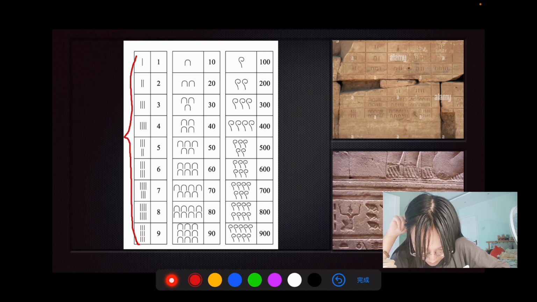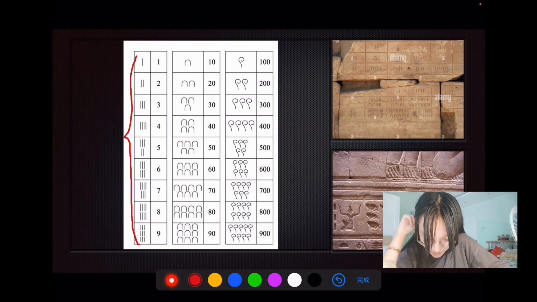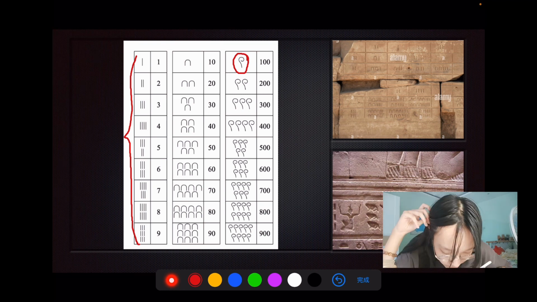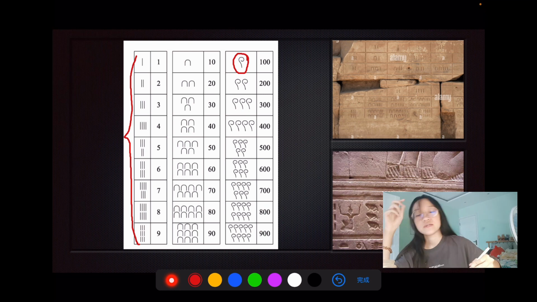And afterwards, for 100, they use a different kind of curly line. So probably their numeral system is in decimal, but I don't know.